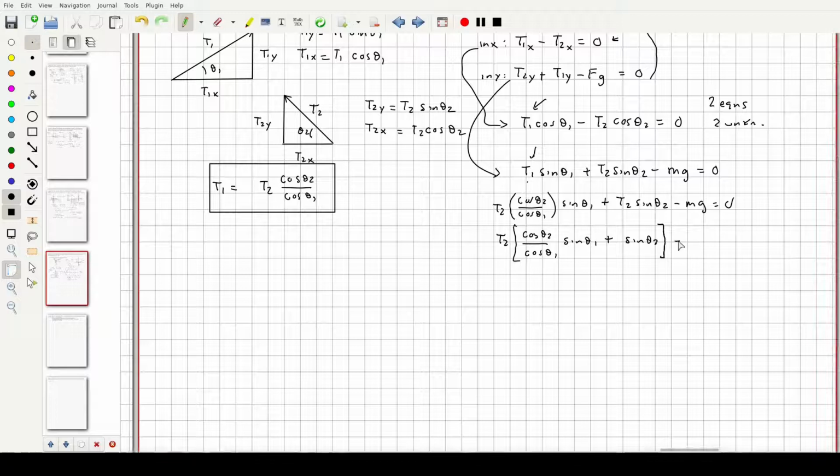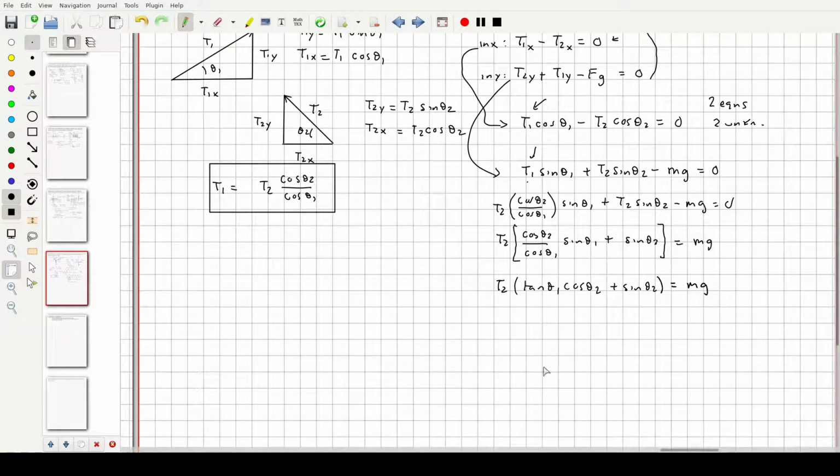Moving the mg over to the right-hand side makes it positive. Again, I never claimed it would be pretty, but we can already simplify it a little bit because I have a sine over cosine of theta 1. That's a tangent. So really this is just T2 times tangent of theta 1 cosine of theta 2 plus sine of theta 2 equals mg.